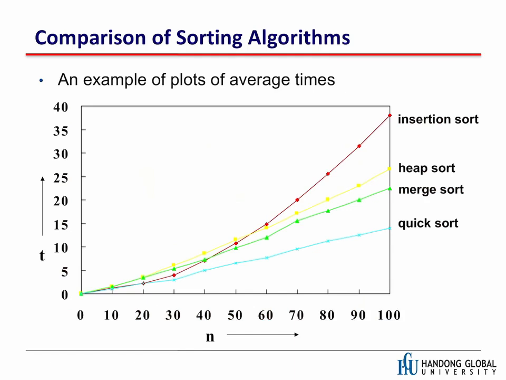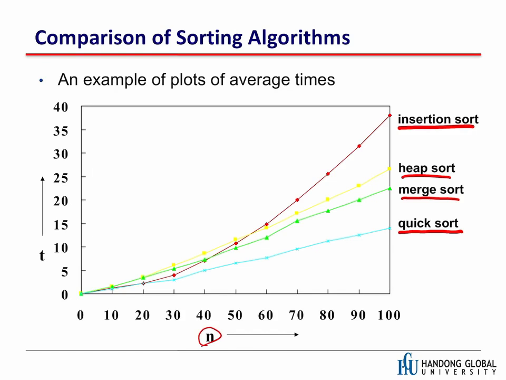Okay, now let's compare some sorting algorithms. On average case, quick sort is kind of fast, and the merge sort and heap sort and insertion sort. But when the number of elements is small, n is the number of elements.